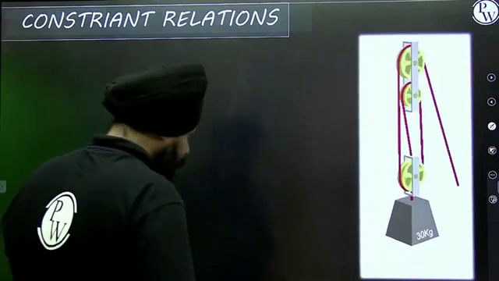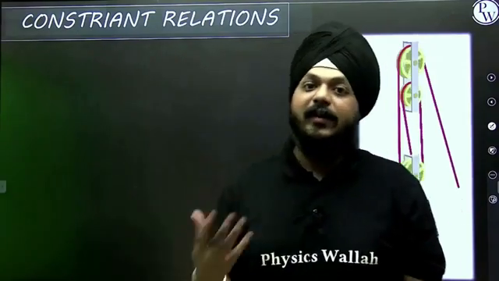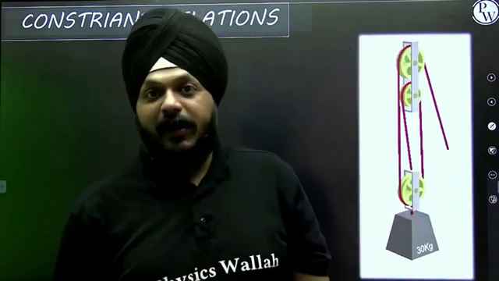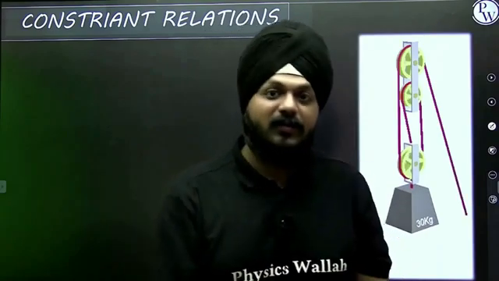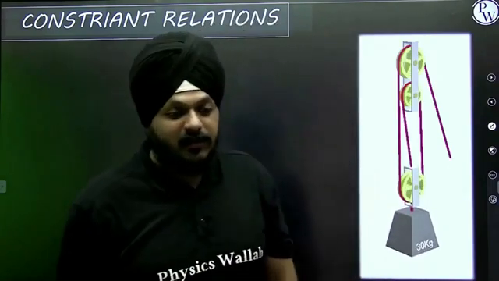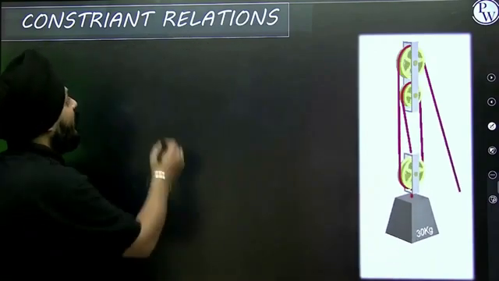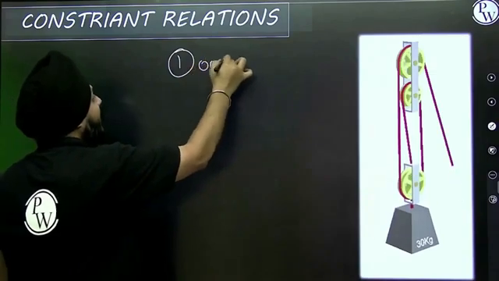Now, what if the constraint relations are there? I'm talking about the constraint relations. What cases are included in this? So if I'm talking about the constraint relation, first of all, constraint relation means what?